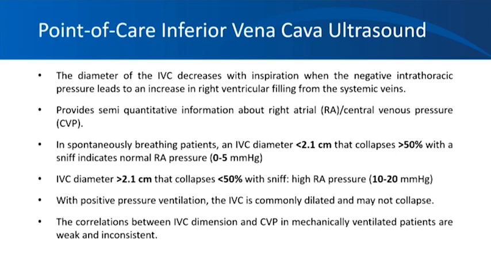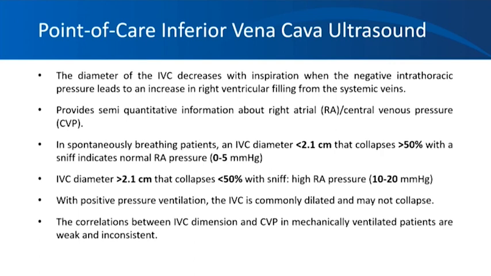That is about 10 to 20 millimeters of mercury. And if the diameter of the inferior vena cava and the degree of collapse is somewhere in between, your right atrial pressure is between these two numbers, like 5 to 10.